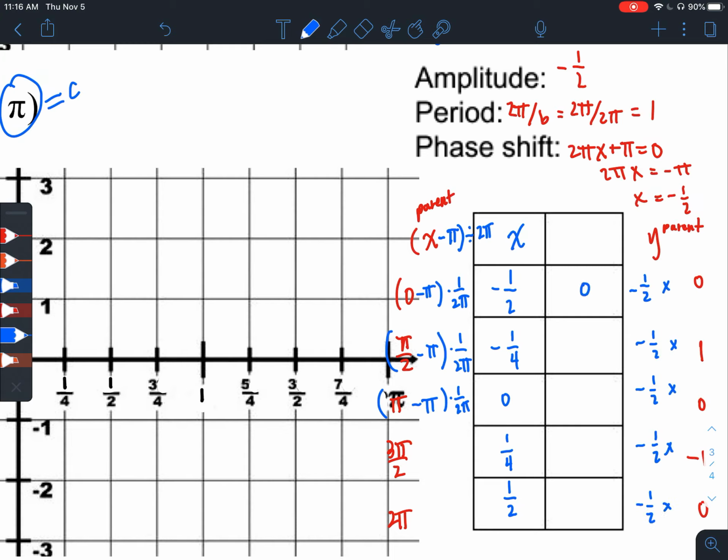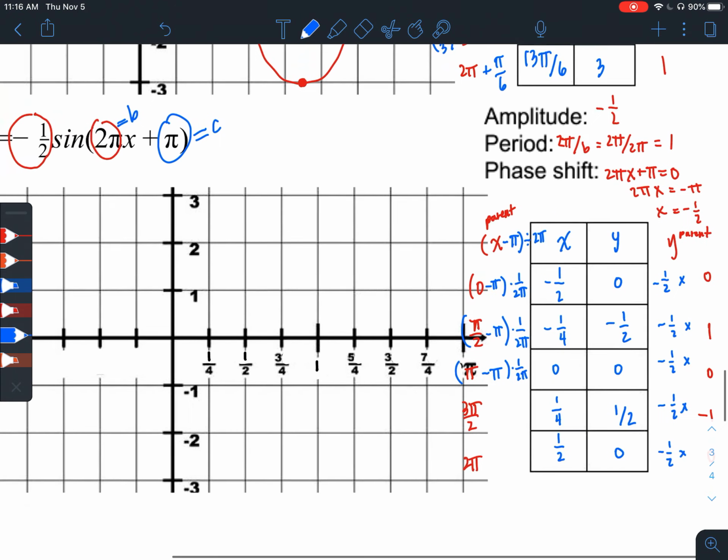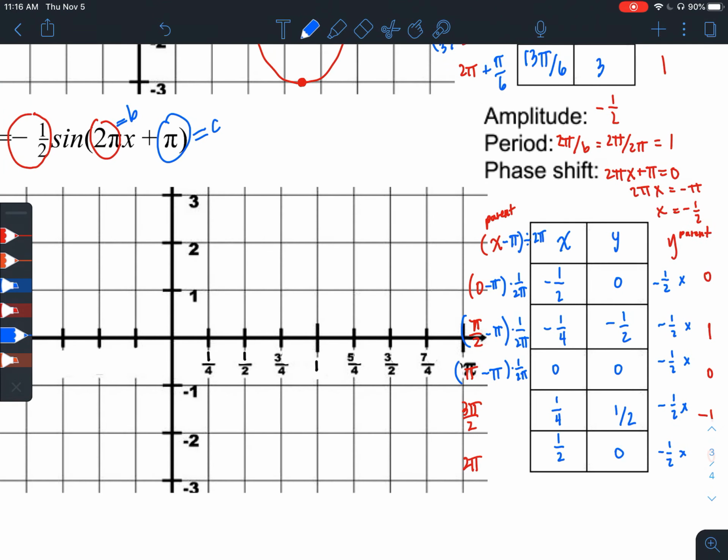Okay, so we get 0, negative 1/2, 0, positive 1/2, 0. Okay, so let's graph these. So I get negative 1/2, 0. Oh, negative 1/2 would be 2 ticks this way. This is 1/4.